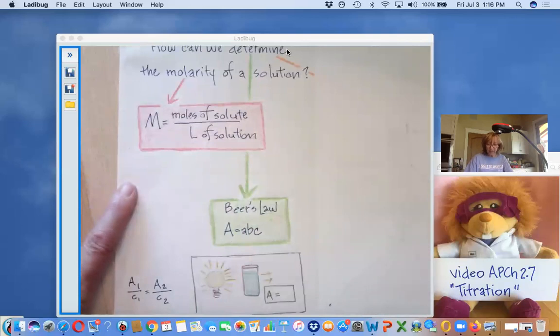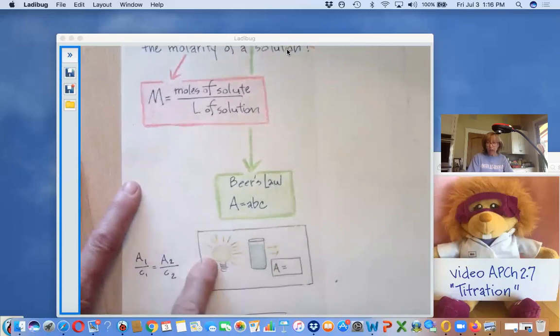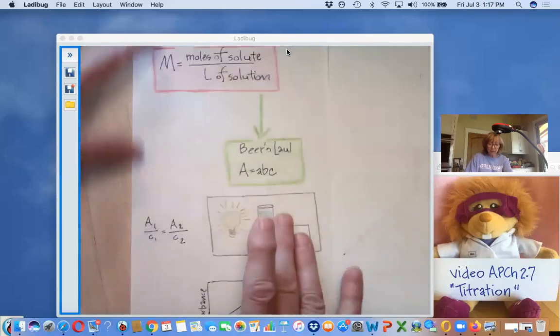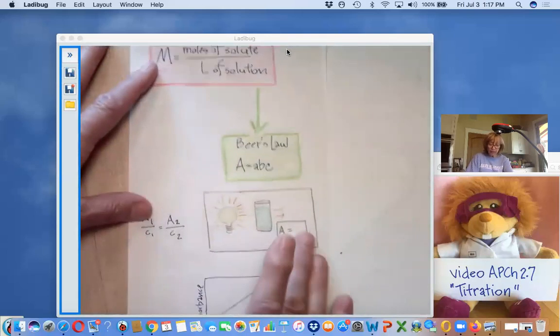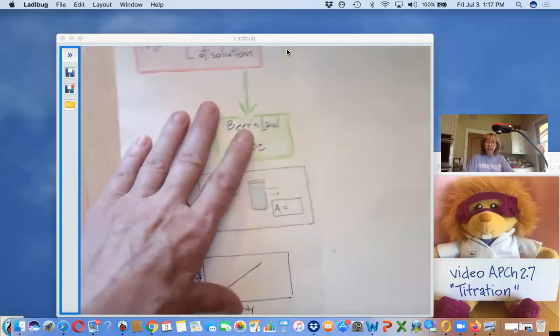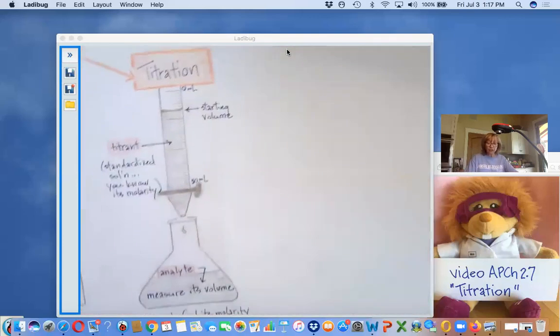So we said that if you have a spectrophotometer, you can shine a light through your colored solution and the absorbance is recorded, and then you use either a proportion method or a calibration curve to convert that absorbance into the corresponding molarity. Okay, today we're going to talk about yet another method, and it's known as titration.